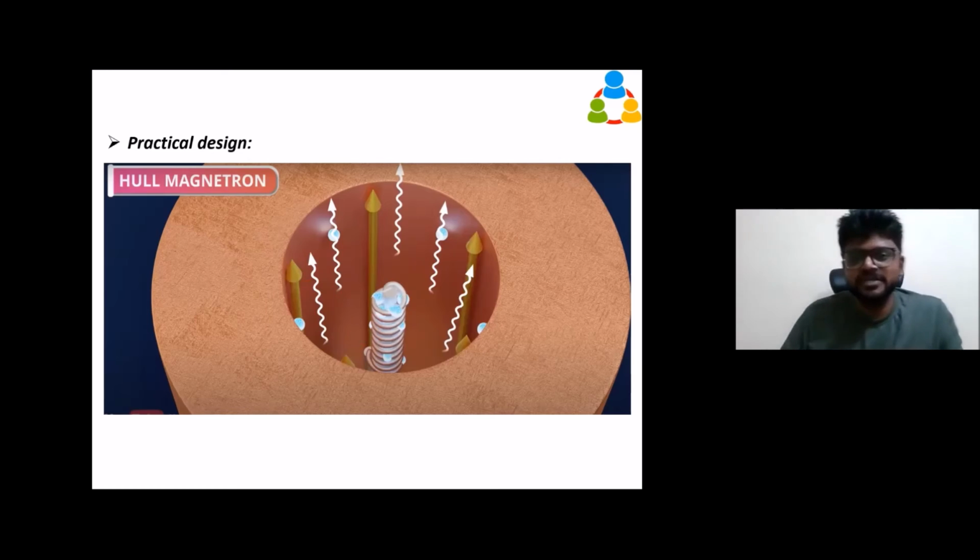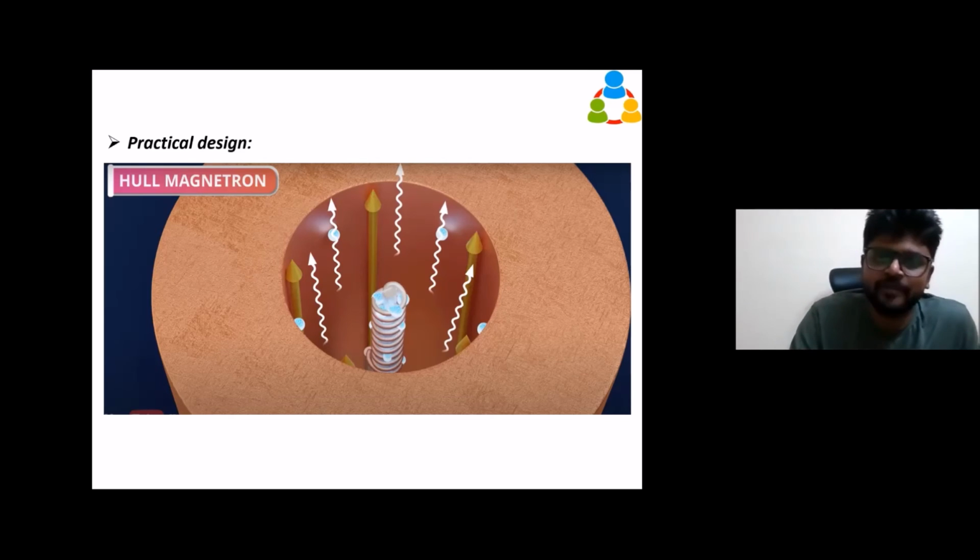Because I increased the interaction space, the electron takes more time to reach the anode. So the acceleration of the electron is increasing and it produces a better waveform. That is high amplitude electromagnetic waves. That is the same microwaves, only with high amplitude.